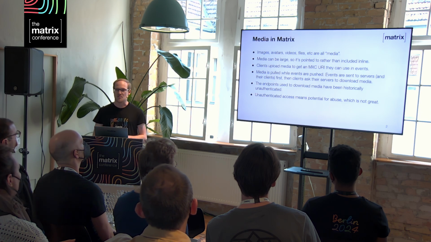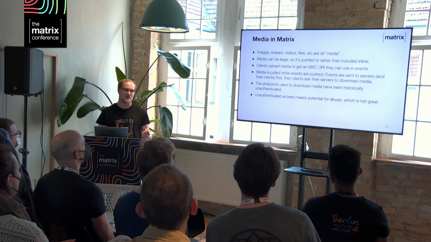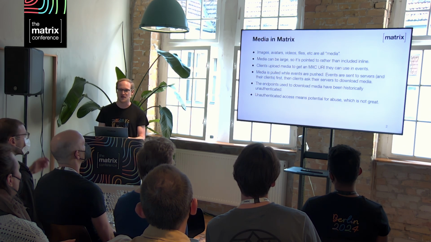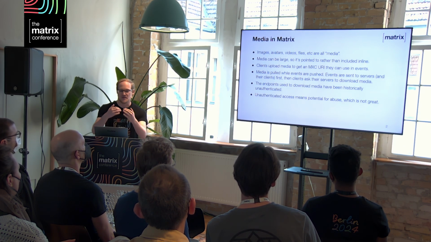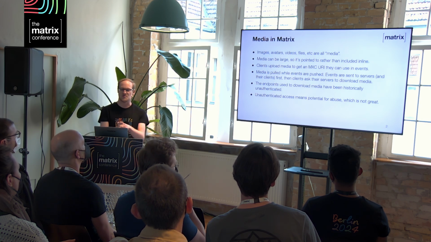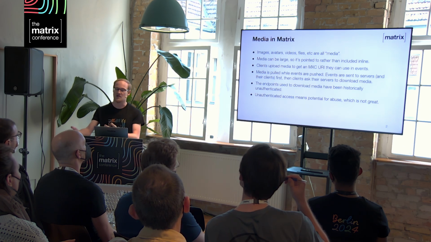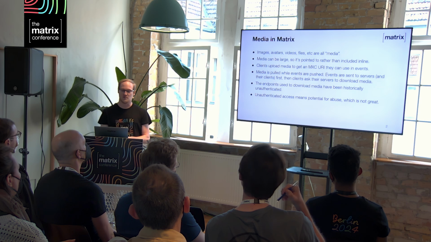So instead, the clients upload that media, they get a sort of reference URI that they can use, they include that in the event instead, and then that is sent out to all of the servers, which also makes media a little bit different from events themselves. So events are actually pushed out to all of the servers and then onto their clients for all the users in the room.